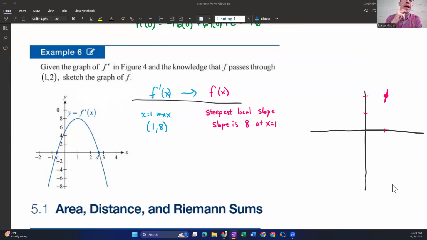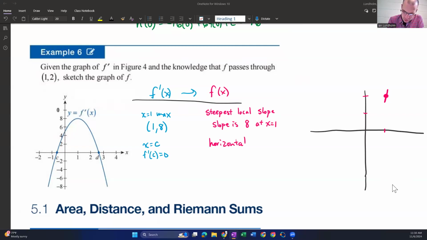At C, all right, let's look at x equals C real quick. At x equals C, we get f prime of C is equal to 0. That means that we're going to have a flat slope at C. Horizontal, let's just call it horizontal.